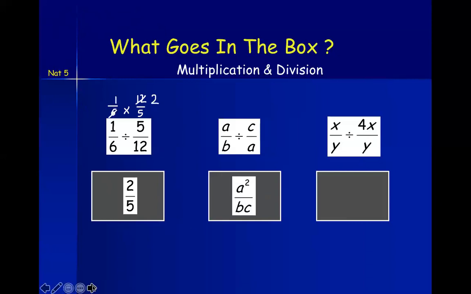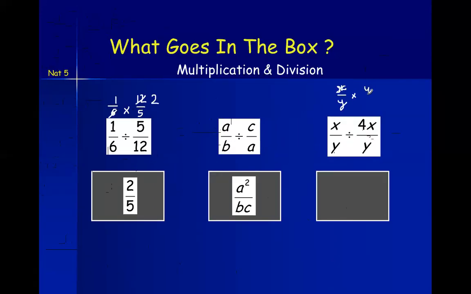Yeah. This one I would get y at the top. So this is xy. Yeah, so x over y times y over 4x. This is the bit where I would rather put proper x's.